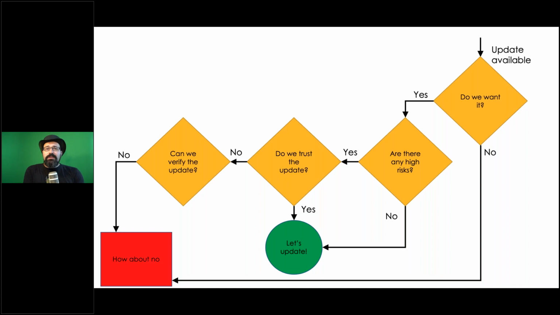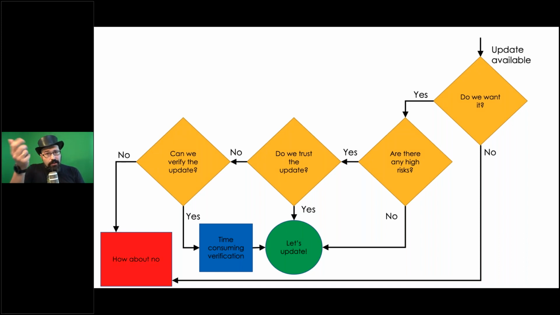We will just skip it just because there is not enough time to verify this update before the new update is out. Sometimes we decide that we want to verify it because probably the features are too good to skip, but then we start the time-consuming verification. And I just gave you a clue, speaking about the features that are too good to skip.